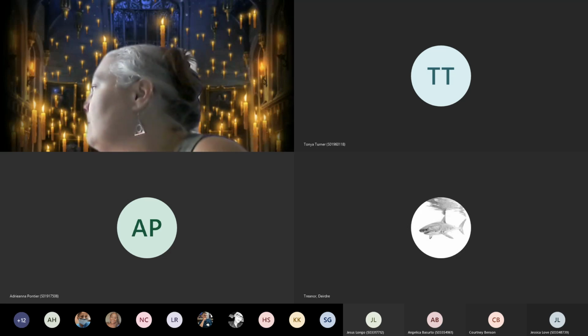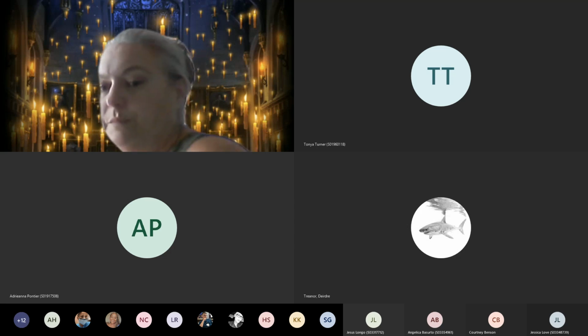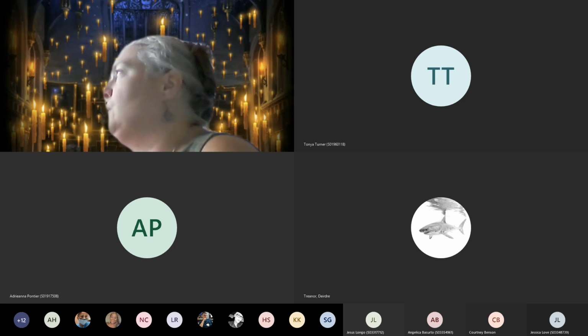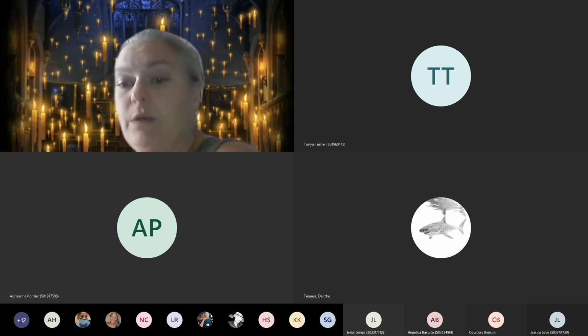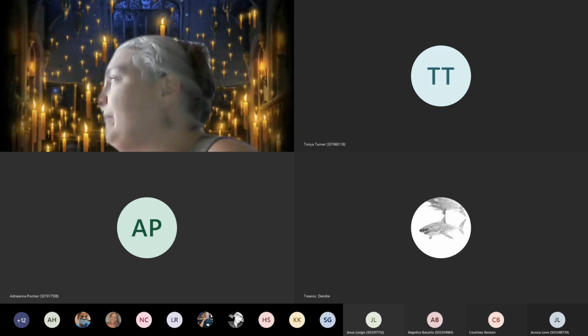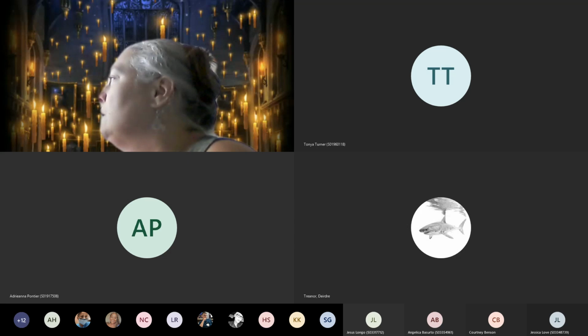Let me see. Actually, I want to do this. See if I can get the whiteboard up. Share. If you want to unmute and say it, or if you want to type it, whatever you want to do.